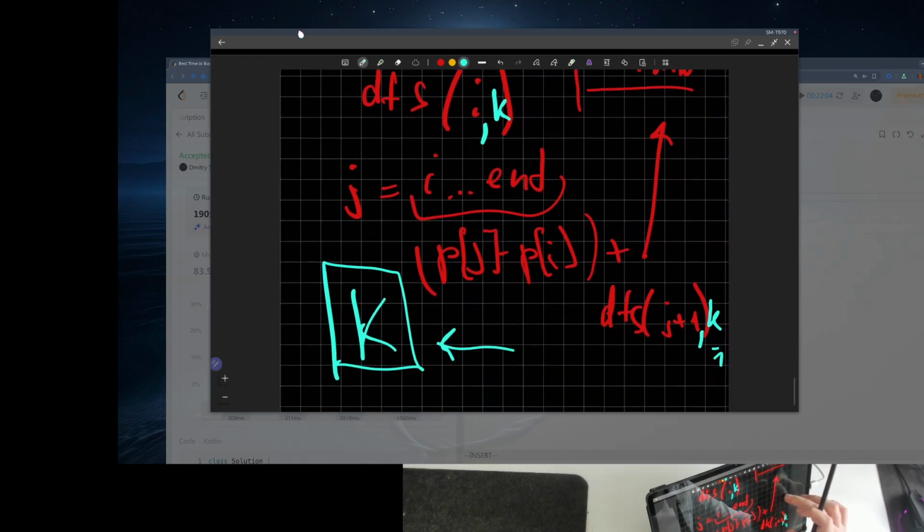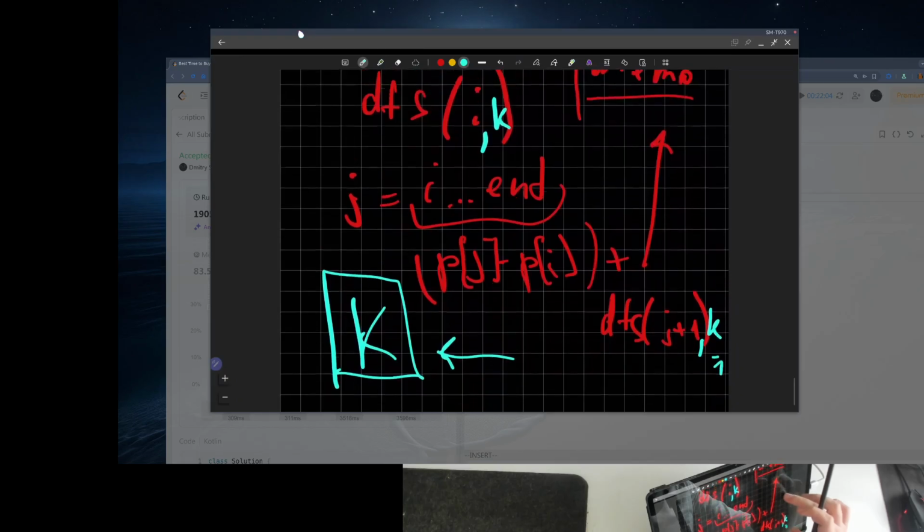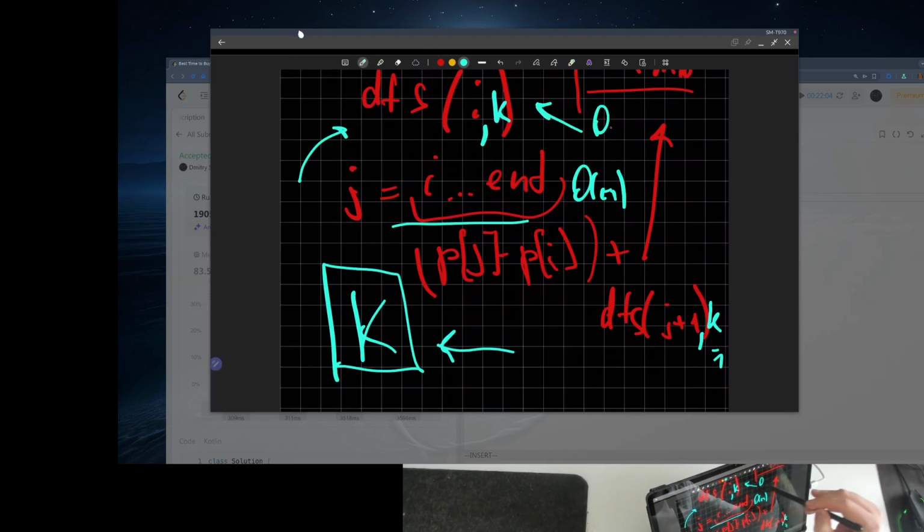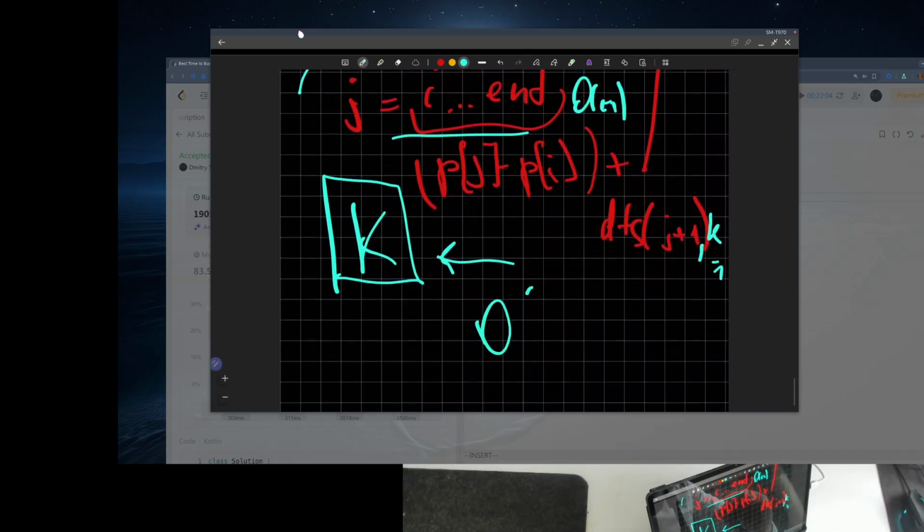So this makes the time complexity worse, because inside it you have O(n), and this is already O(n squared), and the total time complexity became O(n cubed).